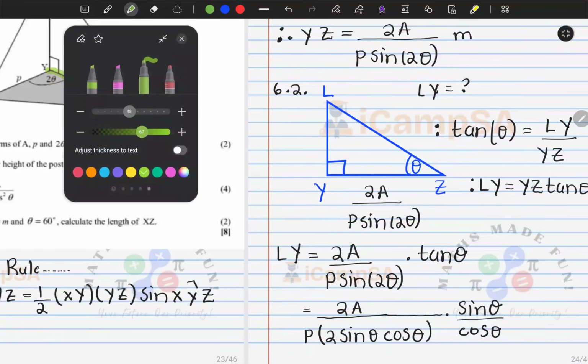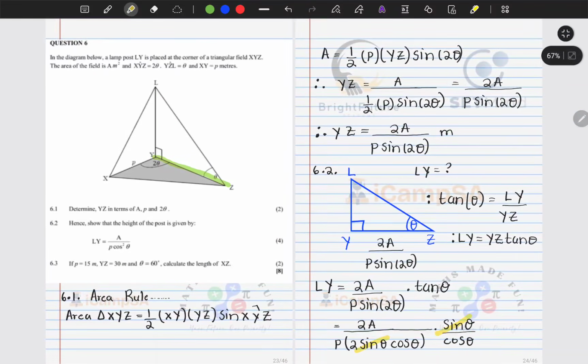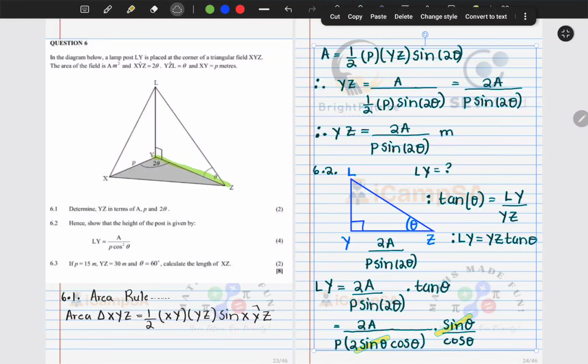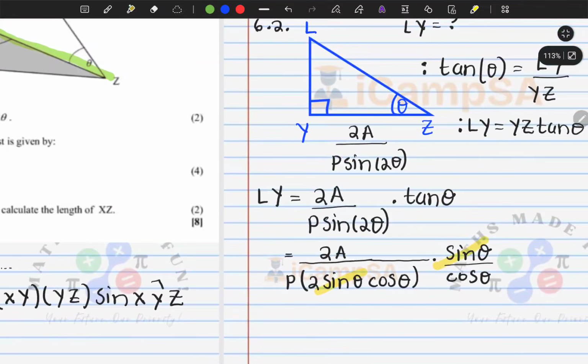If you observe carefully, you will see that the sines will cancel here. Okay, let's create some space and see how this can simplify further. The sines will cancel, but you should also note that you have 2's that will cancel.